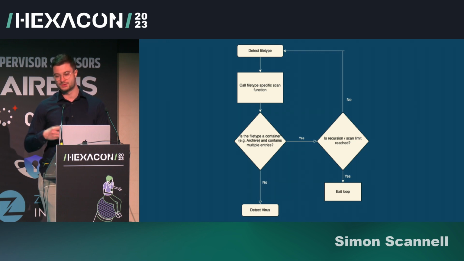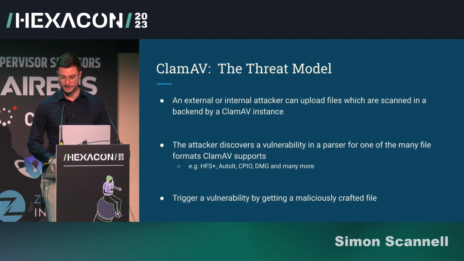It goes into this recursive loop until it actually encounters an ELF file or a portable executable file, and in such cases it tries to actually detect the virus. I don't want to go into too much detail about how they detect viruses because it's not relevant to the exploit, but this could be simple hash matching and up to more complex pattern matching.